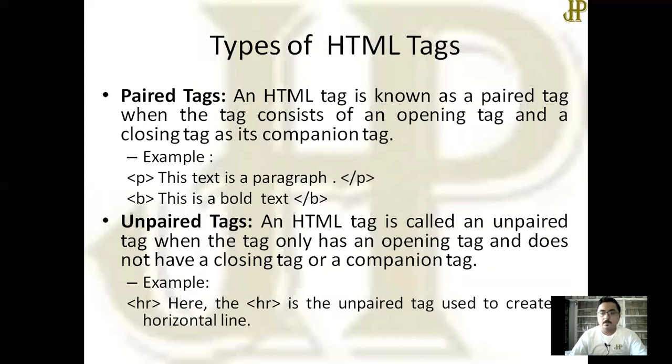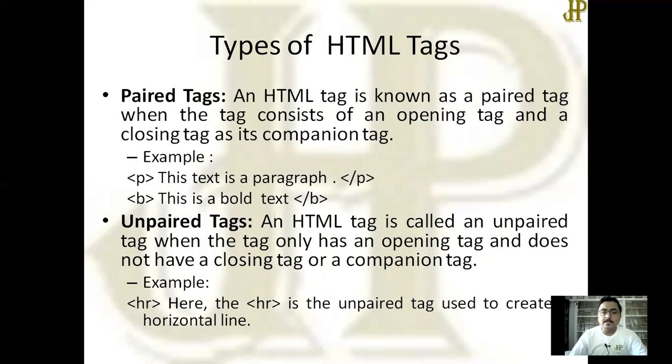Now, what are the types of HTML tags? Basically, there are two types: paired tags and unpaired tags. Other than this, some categories are also created. So the first type of tag is the paired tag. What it means?